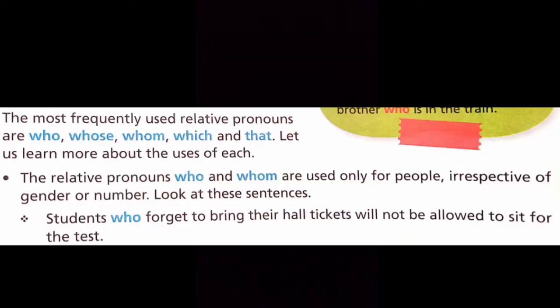The most frequently used relative pronouns are who, whose, whom, which, and that. Let us learn more about the uses of each. The relative pronouns who and whom are used only for people irrespective of gender or number.